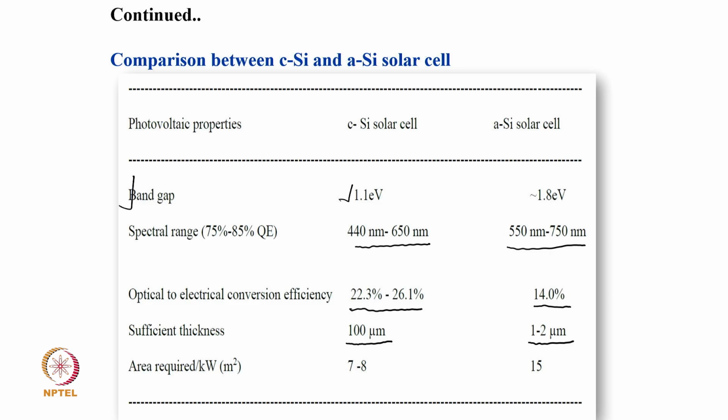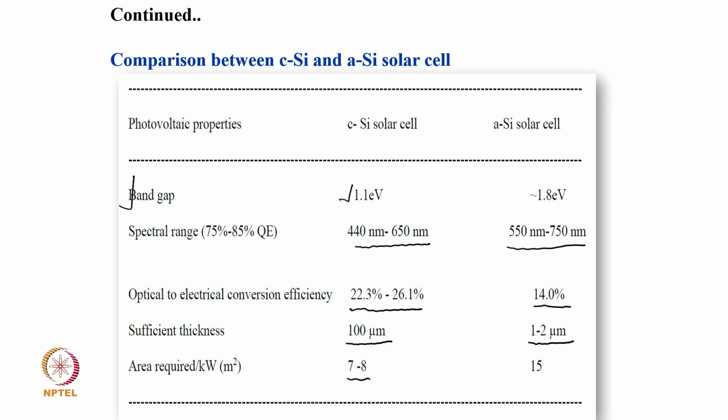For absorbing the same amount of light, crystalline silicon thickness is almost 100 times higher. So this is the disadvantage of crystalline silicon solar cell, although it has high efficiency.